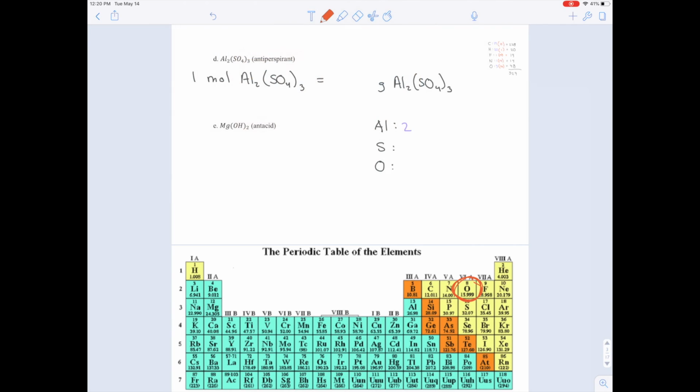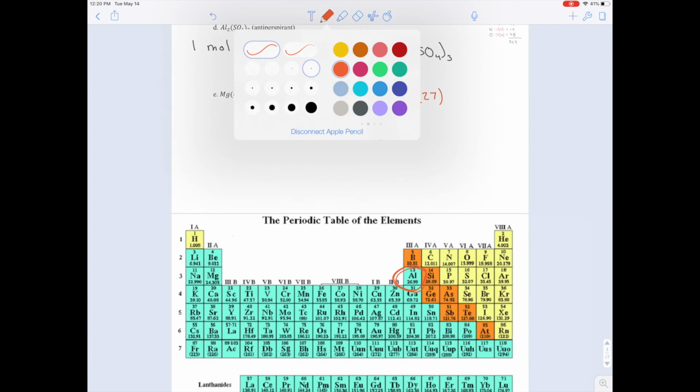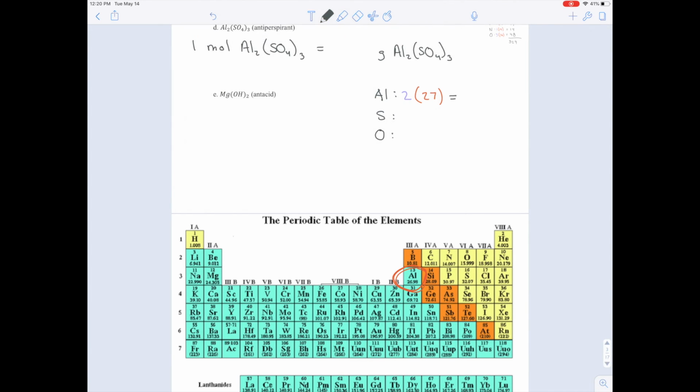If we go to the periodic table, we'll see that 1 mole of aluminum weighs 27 grams. So if we have 2 moles of aluminum, that would be 2 times 27, or 54 grams coming from aluminum.